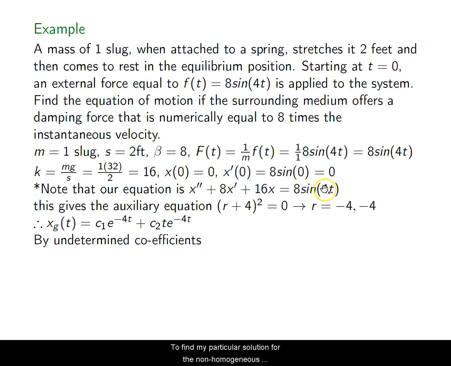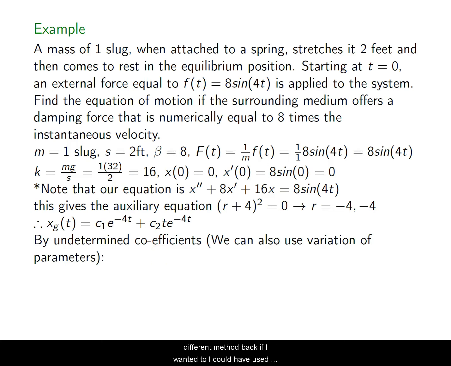To find my particular solution for the non-homogeneous case, I can use undetermined coefficients. I could also use variation of parameters. We have a few different methods. In fact, if I wanted to, I could have used the annihilation method straight from the beginning and done D squared plus 4 squared, or whatever would have annihilated this. If I had wanted to, it's all the same thing.